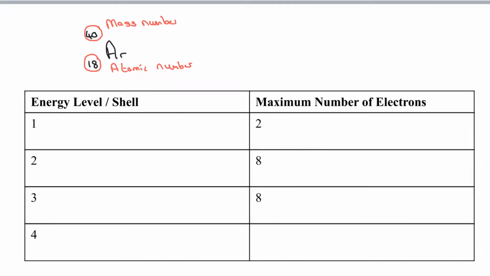Now remember, because atoms have got no charge, the number of protons and electrons in an atom is always the same. So it's the number of protons or the number of electrons. So every atom of argon has got 18 protons and 18 electrons. Now the mass number is the number of protons added to the number of neutrons.